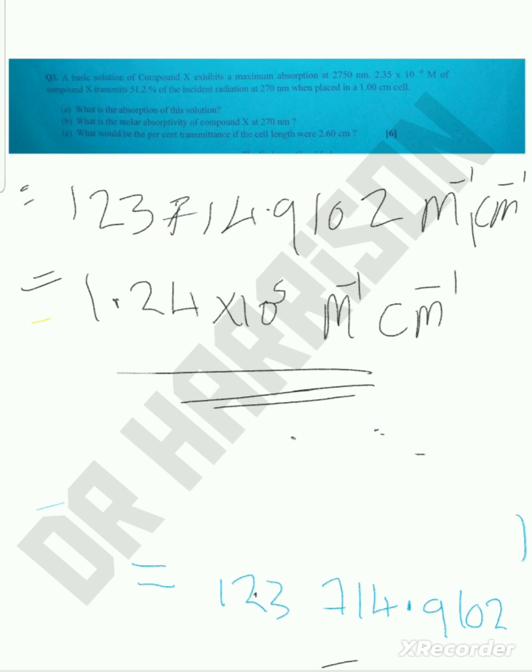Then lastly, which is part C of the question, it says what would be the percentage transmittance if the cell length were 2.60 centimeters? So how can we calculate the new transmittance if the cell length changes?